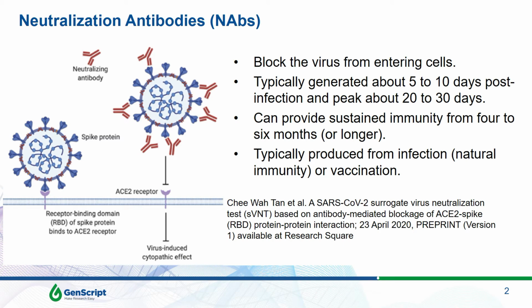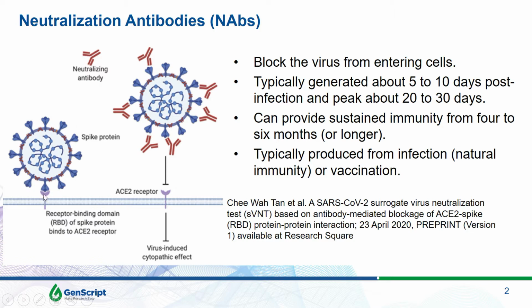Neutralizing antibodies are a special subtype of antibody in the immune response that block the virus from binding to the ACE2 receptor. So here we have a lipid bilayer membrane of a cell with, in purple, the ACE2 receptor jutting out, and the virus is docking to the ACE2 receptor via its spike protein, which dots the entire virus.